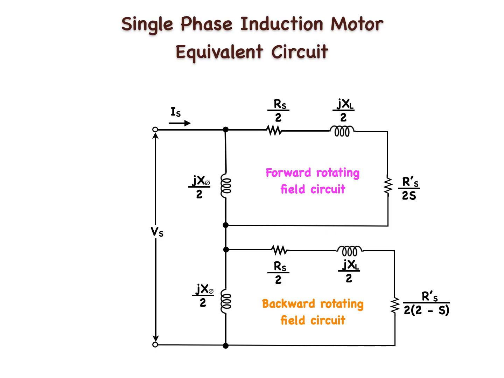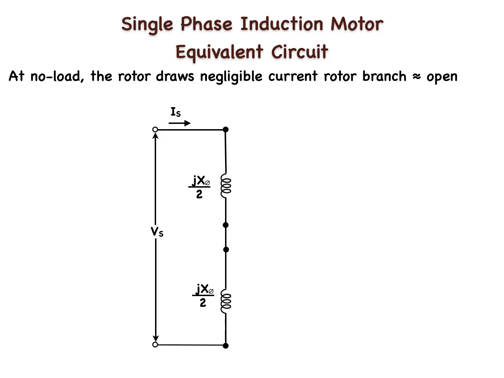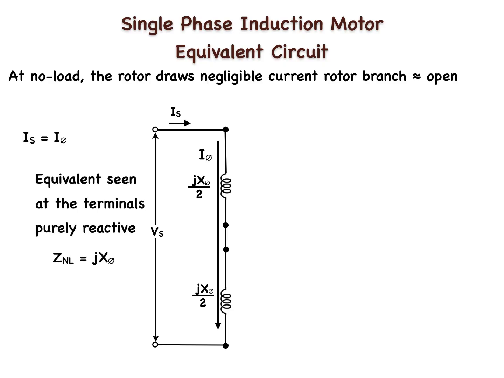At no load, the rotor draws negligible current, and therefore the rotor branch appears as an open circuit. Therefore, IS is equal to I-phi. The equivalent seen at the terminals is purely reactive and only sees the magnetizing reactance. ZNL then is equal to jXphi.